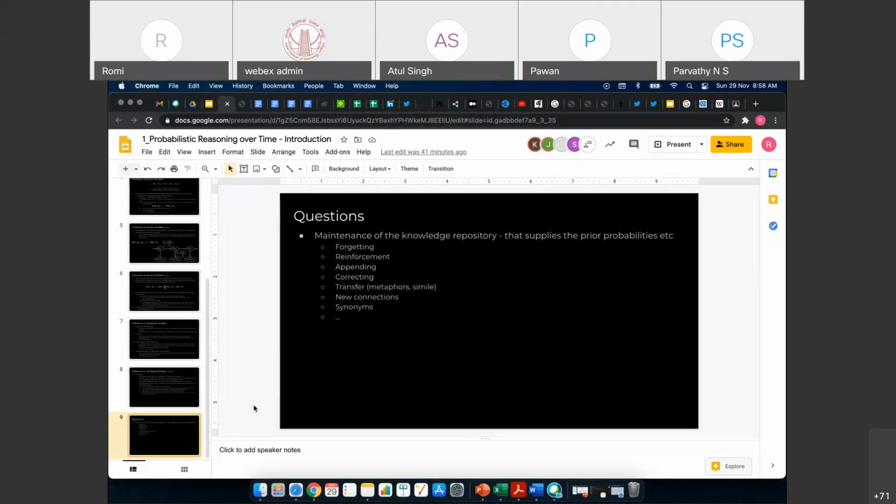And from the next class onwards, we'll be moving on to hidden Markov models and Kalman filters. Hidden Markov models are when you consider one state at a time, and that too in a discrete kind of environment. And if you want to model a continuous environment, you look into Kalman filters. Kalman filters are widely used in astrophysics and neurosciences.